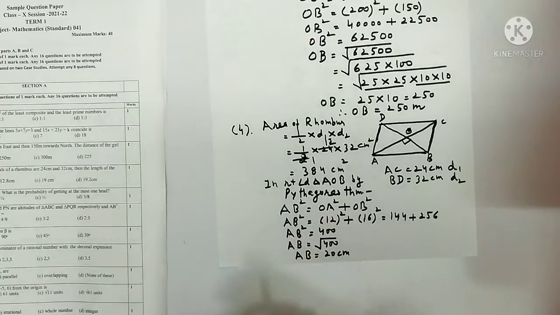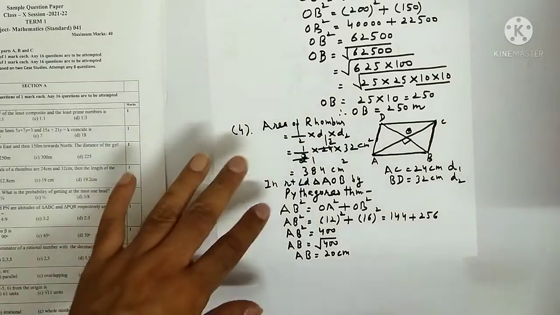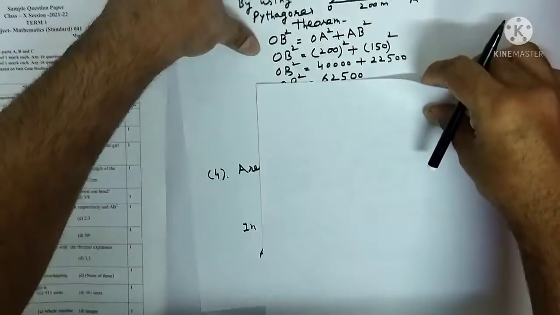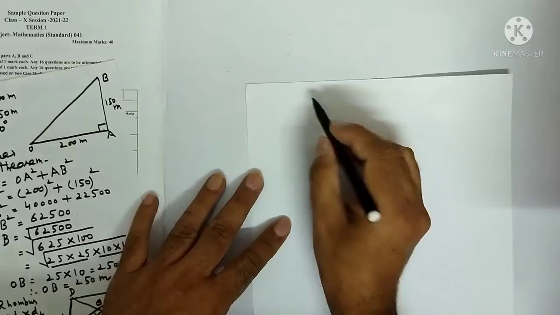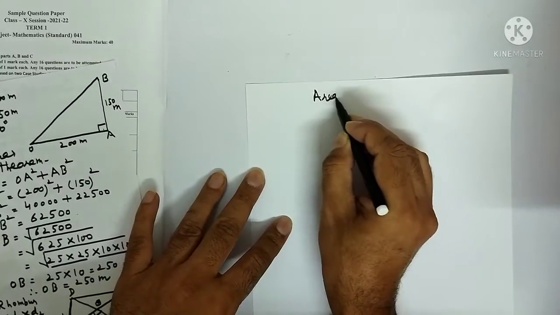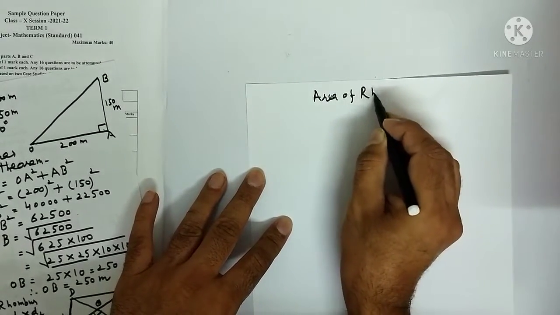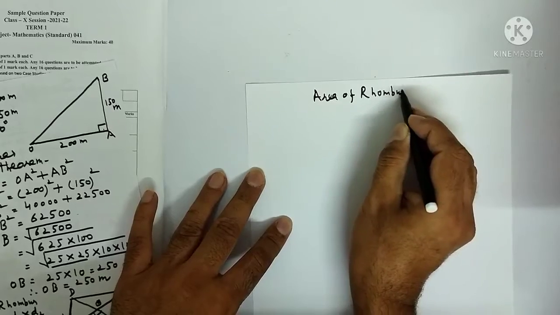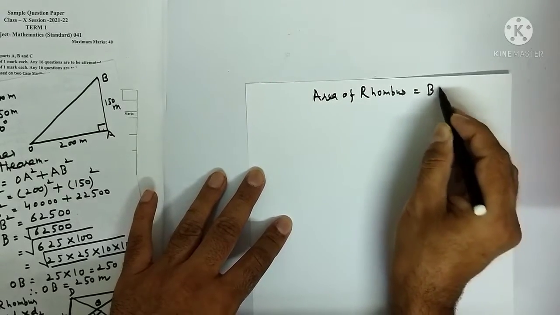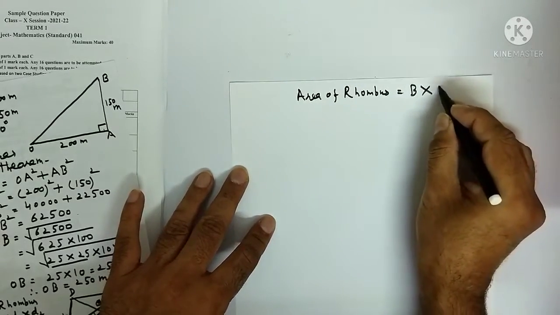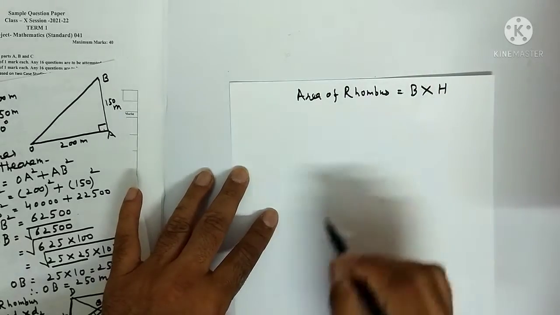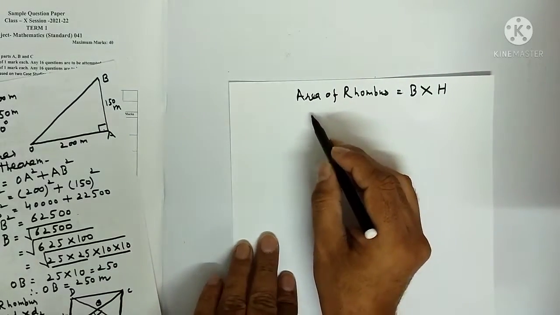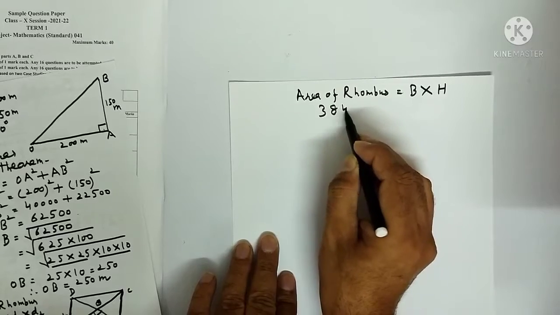So what we have got from here? We have got the side, that is AB. Now you know very well that area of rhombus is equal to base into altitude, or you can say height. So area of rhombus you have found 384.